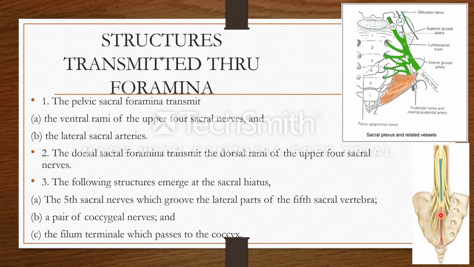Filum terminale is a fibrous tissue which is connecting the lower part of the spinal nerves to the coccyx. This is a modification of the pia mater. It is non-neural tissue. There is no nervous tissue present in the filum terminale.